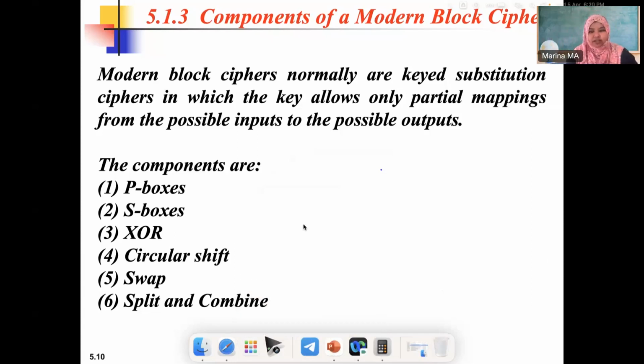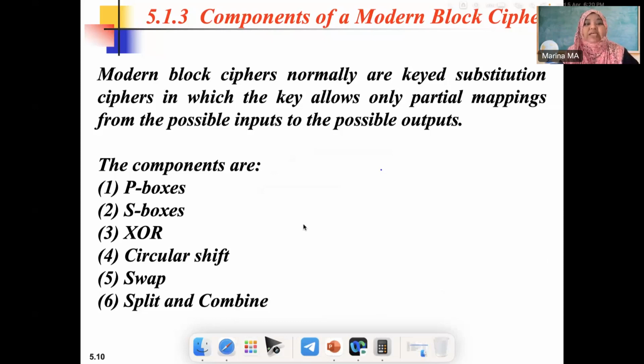So these are the components. You can use some, but you need at least 1 or 2 of these to call this a modern block cipher. So let's look at the first 2 that you're familiar with.